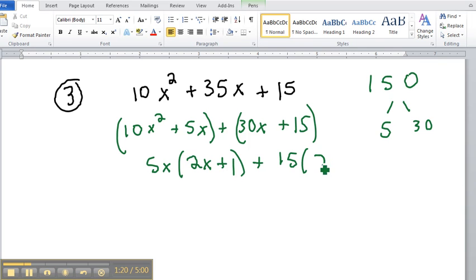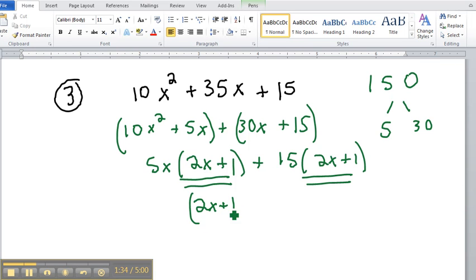So we're left with 2x plus 1. Now you have a new GCF, which happens to be 2x plus 1. So we're going to factor out 2x plus 1, and we are left with 5x plus 15.